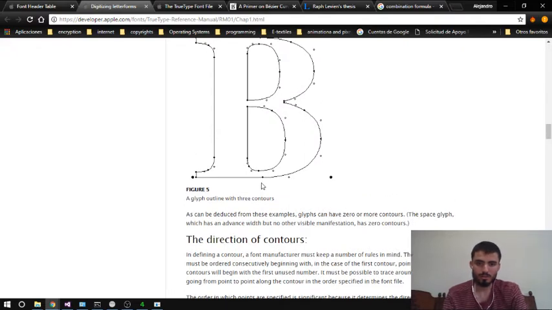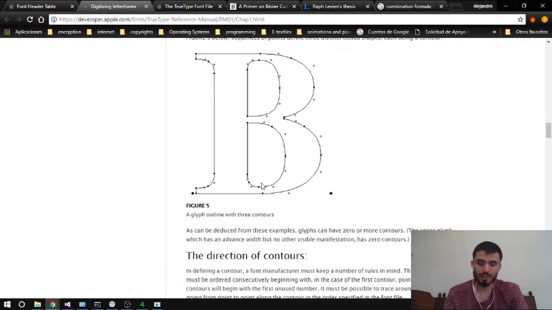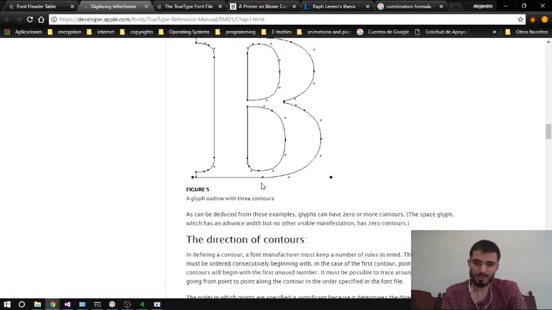As can be deduced from these examples, glyphs can have 0 or more contours. Okay, the space glyph has 0 contours.